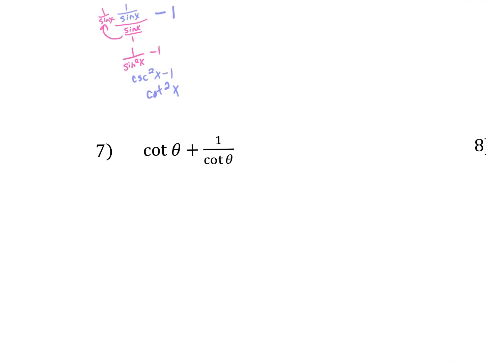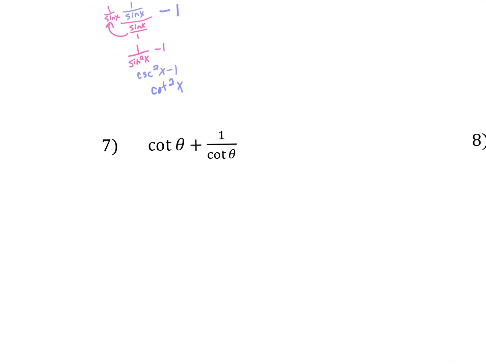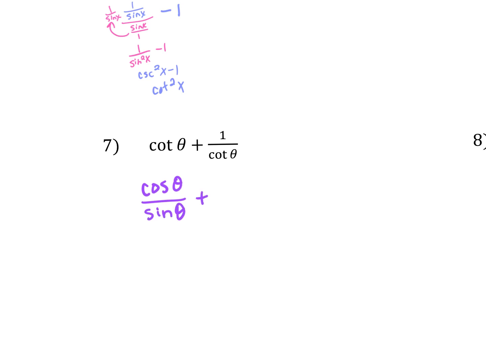So cotangent theta, how do we rewrite that using sines and cosines? Okay, yep, so cosine theta over sine theta. Guys, what is 1 over cotangent equal to? Tangent, right? That's equivalent to tangent, so we're going to skip that step, but let's go ahead right away and just write this as sine theta over cosine theta, right? Are we okay with that? I kind of skipped a step there.